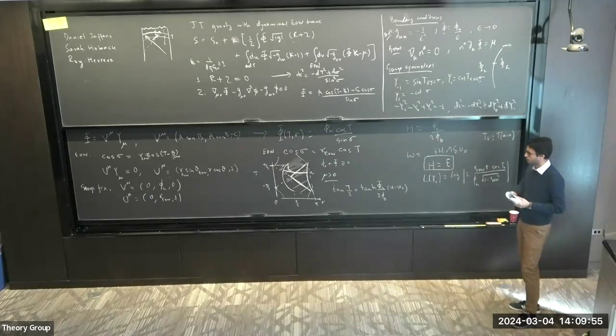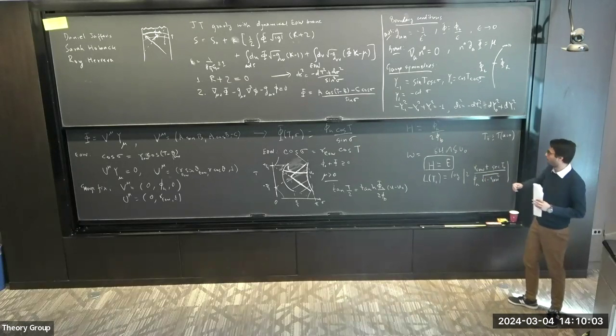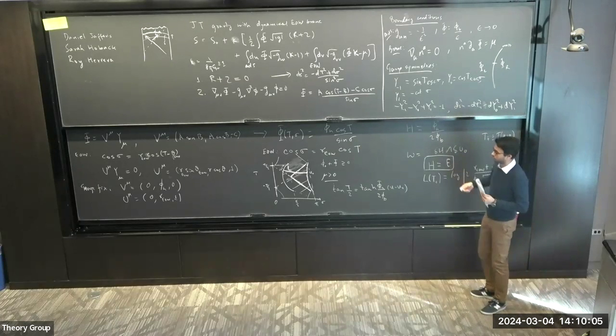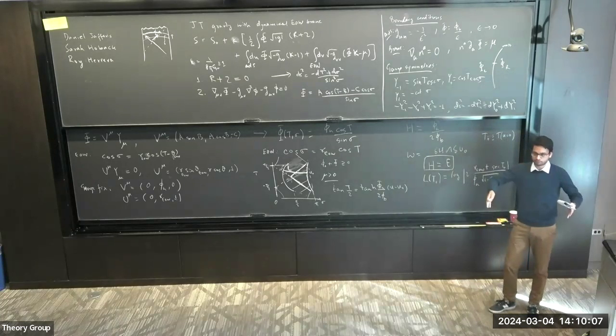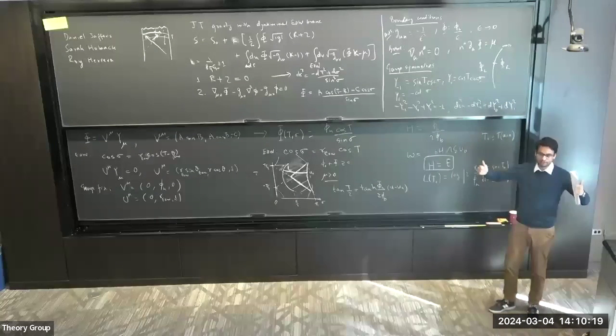So what I had in mind was that U naught was basically specifying the location of the initial slice. For instance, if you look at the thermofield double state, I can transform this state by a unitary which basically shifts H_L and H_R.